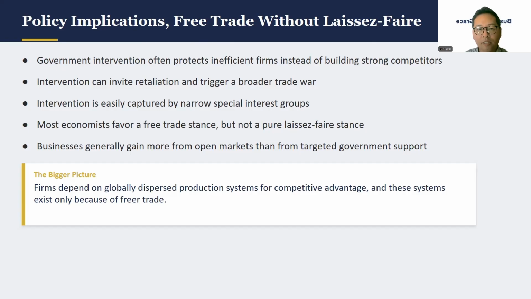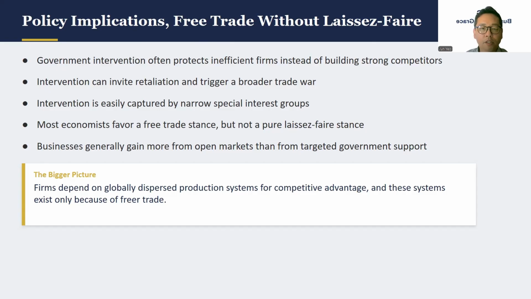In practice, this usually means encouraging government to actively strengthen institutions like the WTO rather than simply stepping back and doing nothing. Businesses generally gain far more from governments opening protected markets to imports and investment than from governments propping up specific domestic industries.